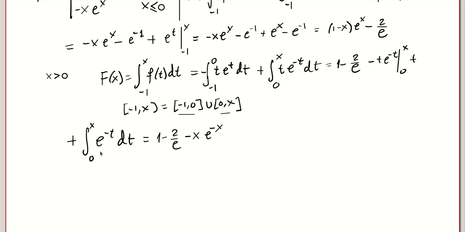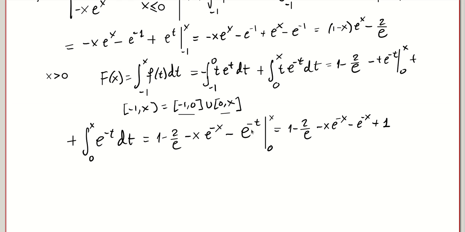And then we have to integrate this one, which is just minus the exponential, because there is a minus here, right? And then you have the limits 0 to x, right? So we substitute here, and then we have 1 minus 2 over e, then minus x e^(-x), and then here you have minus e^(-x) plus 1, okay?